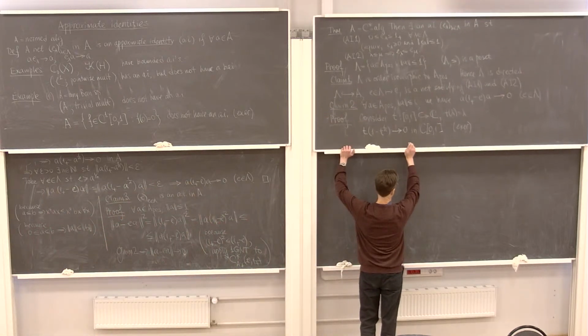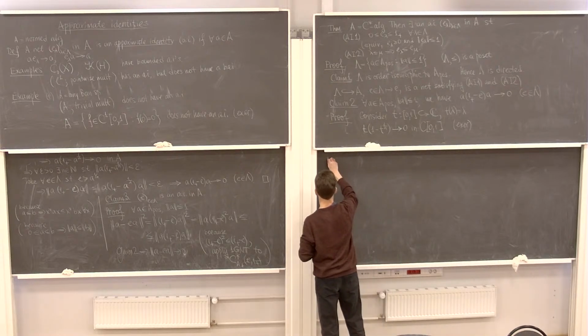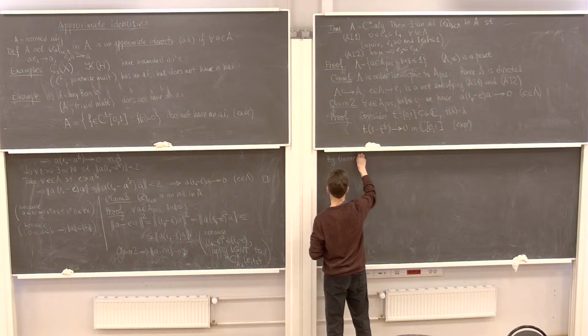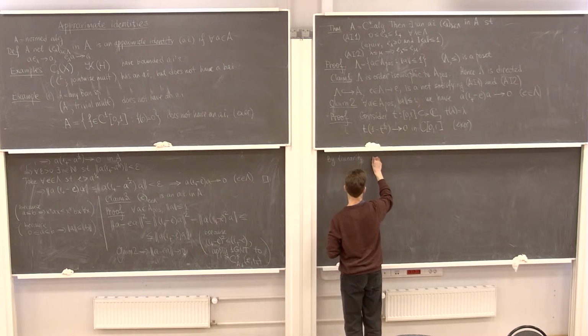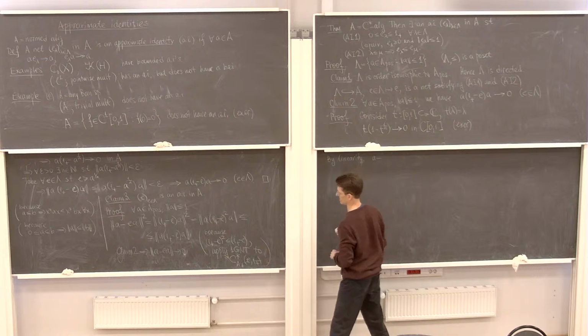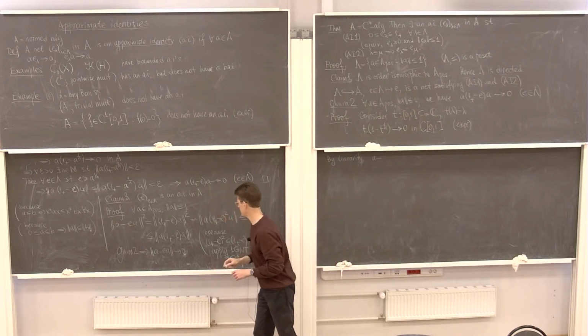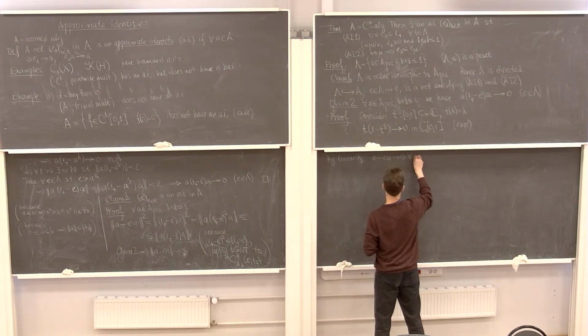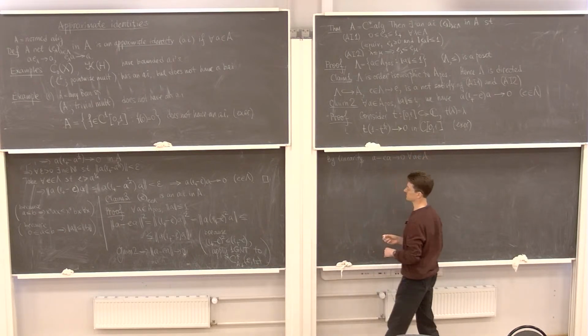But by linearity, we see that the same is true for any element in our algebra: A minus EA goes to 0 for every element in our algebra.